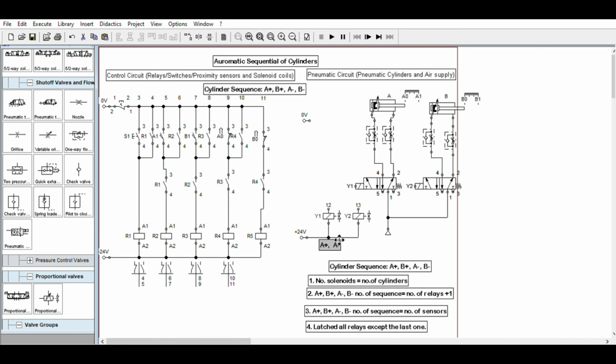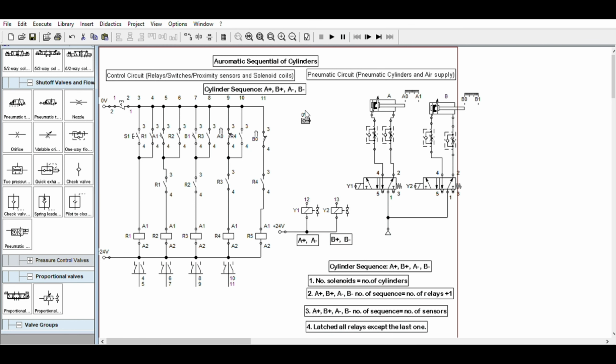This one is used for extension and retraction of A. The other one is used for the extension and retraction of B. So you have here B. In this way, we can see also the contacts we are going to use to trigger and remove the supply of the solenoid.